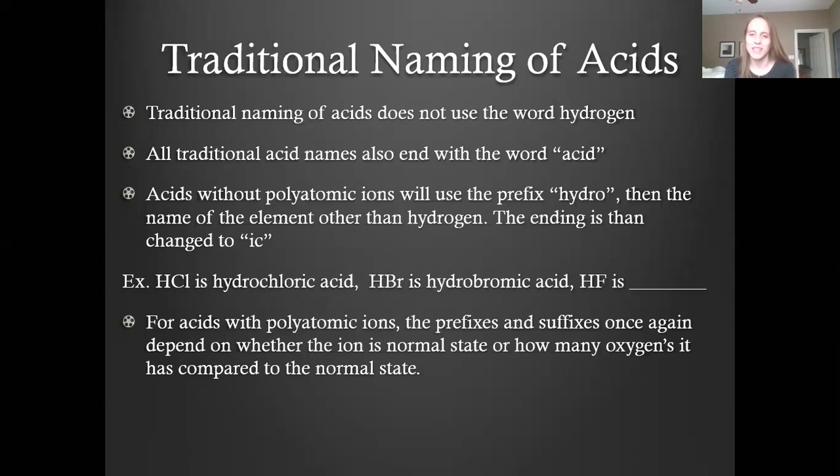It would be, once again, hydro for the H, fluoric for the F, so hydrofluoric acid. Okay. If you do have a polyatomic ion, you're going to change the prefixes and suffixes based on how many oxygens there are, whether it's normal state or has extra or fewer oxygens.